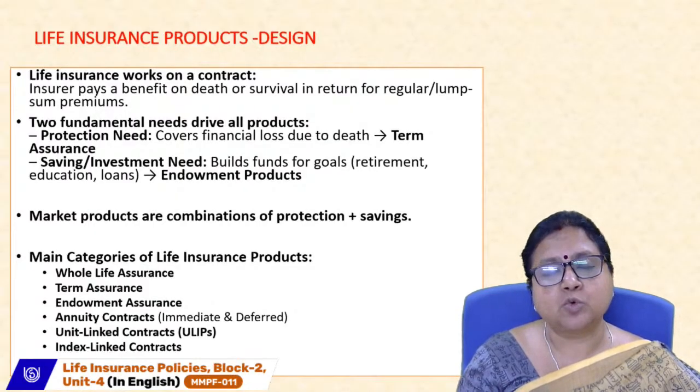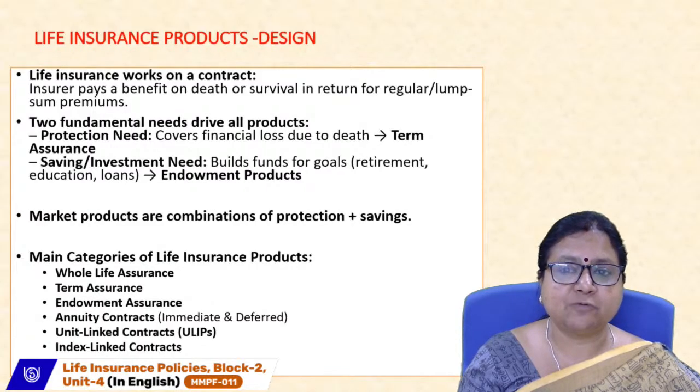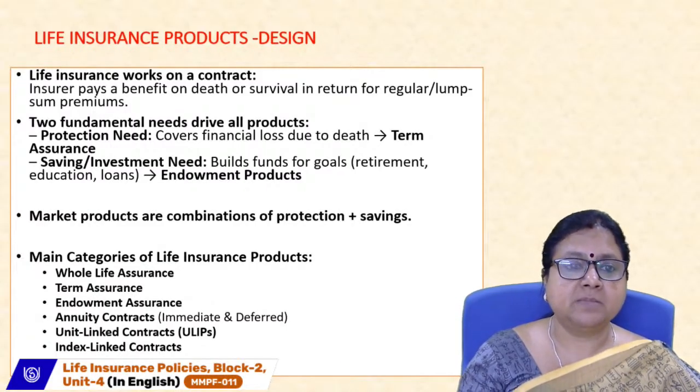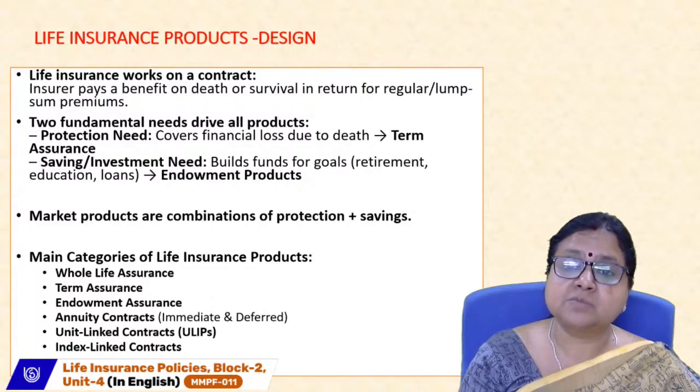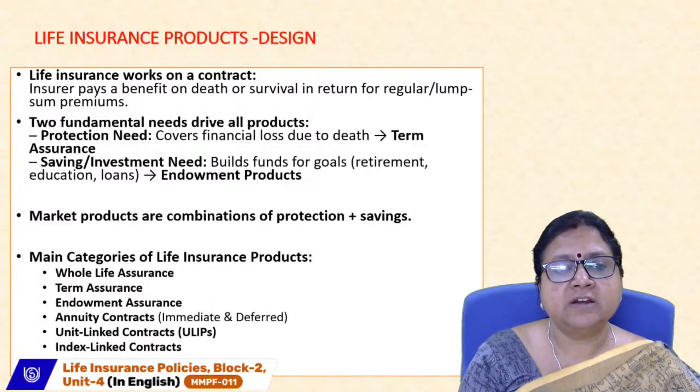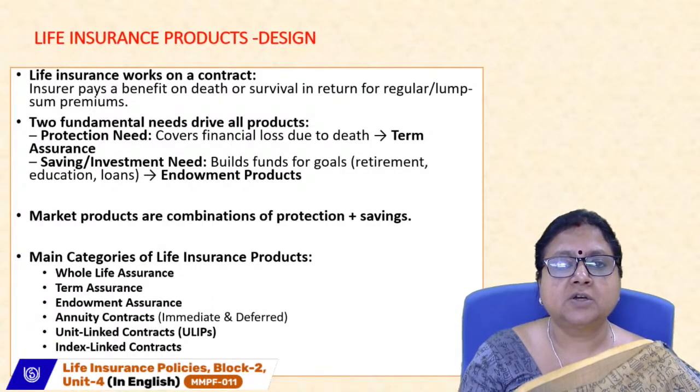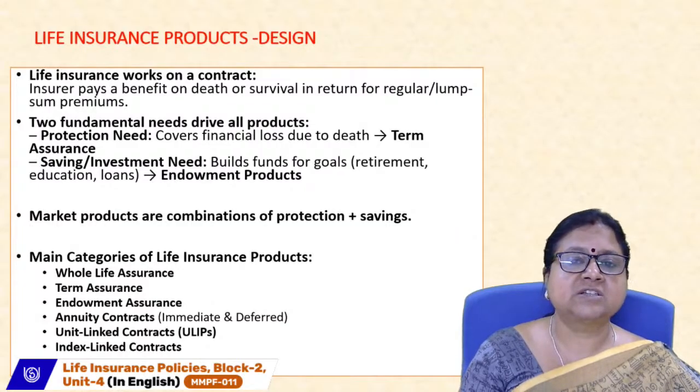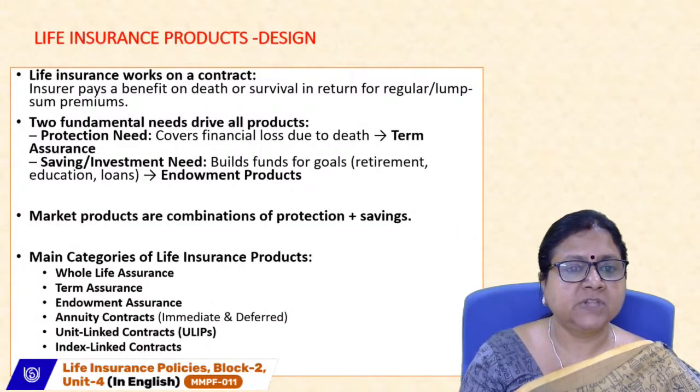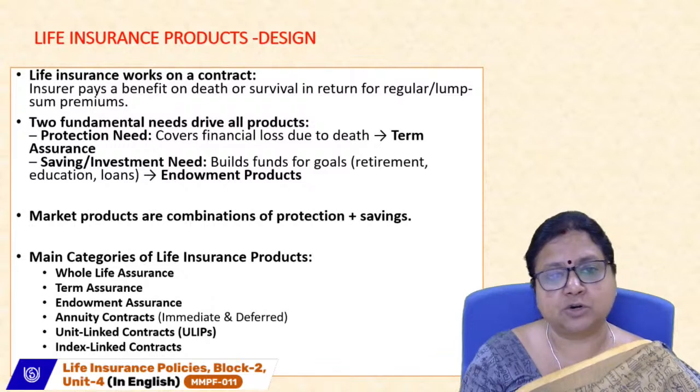It may be monthly, it may be quarterly, or they may have to pay the premium at one point of time, a lump sum premium. In return, the insurance company pays the benefit, maybe after the death of the person or during the survival of the person. That is the main theme of the contract.